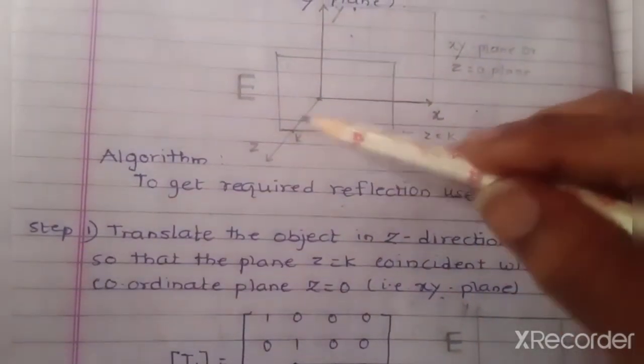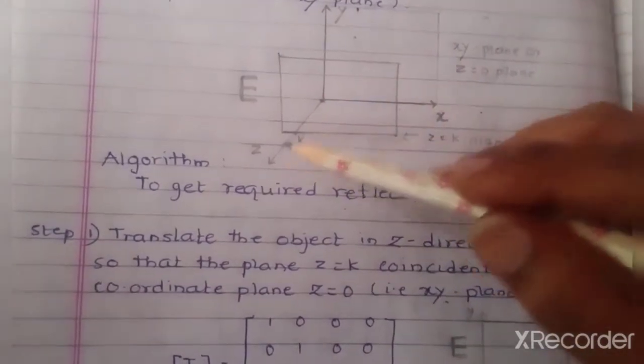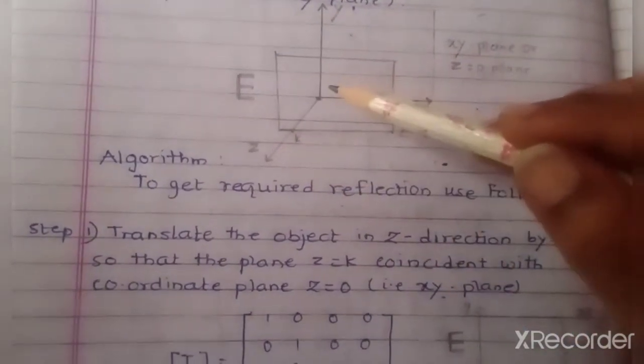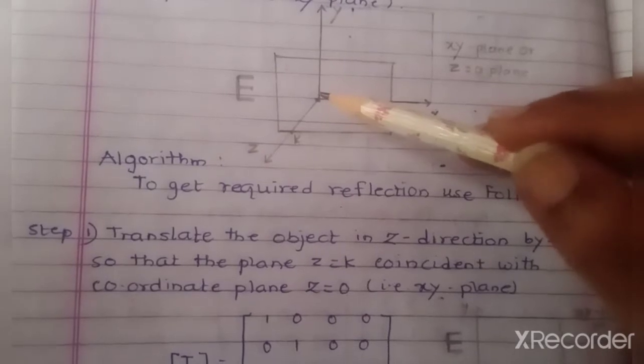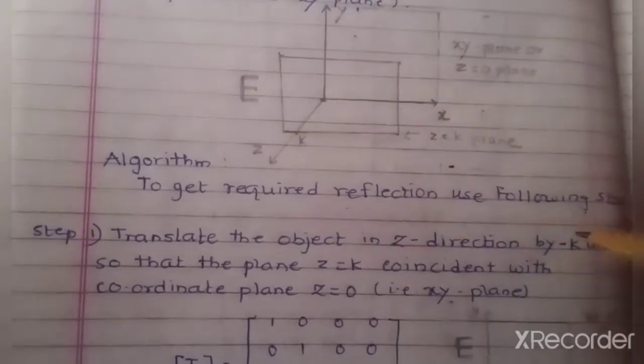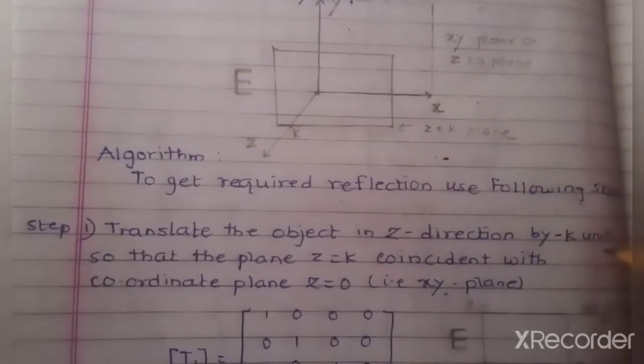Why do we translate in the z direction? Because the plane intersects the z axis. So translate the object in the z direction by minus k units.